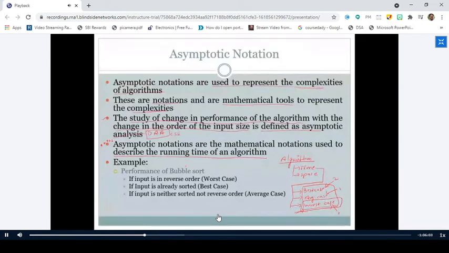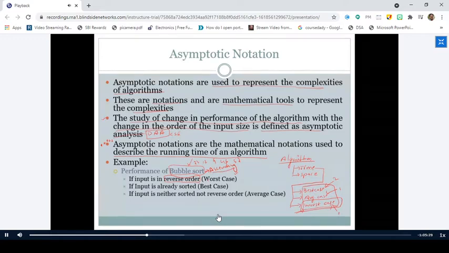For example, consider bubble sort. It is a sorting algorithm where a list of elements, some random numbers like 23, 12, 9, 46, 57, is given to it. I want to sort the given list of elements in ascending order.